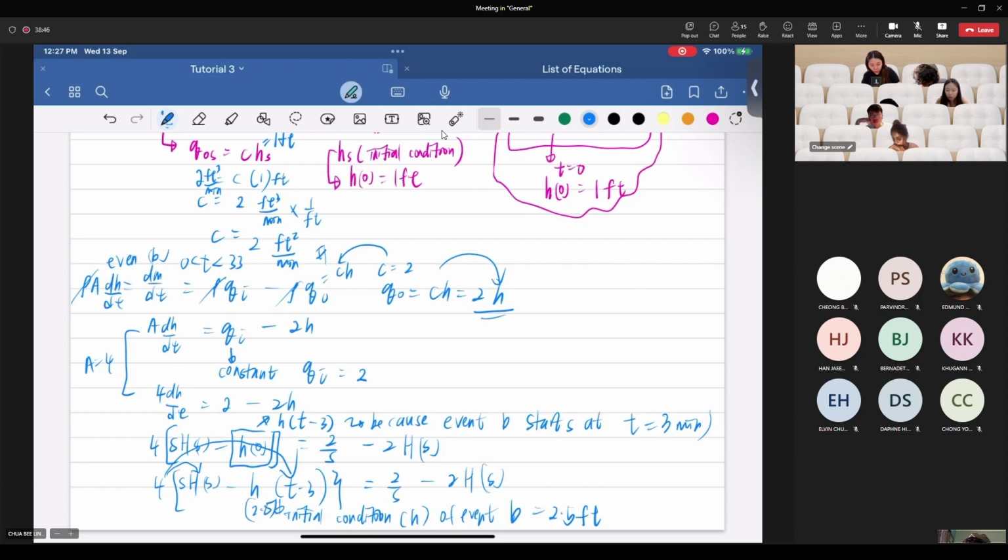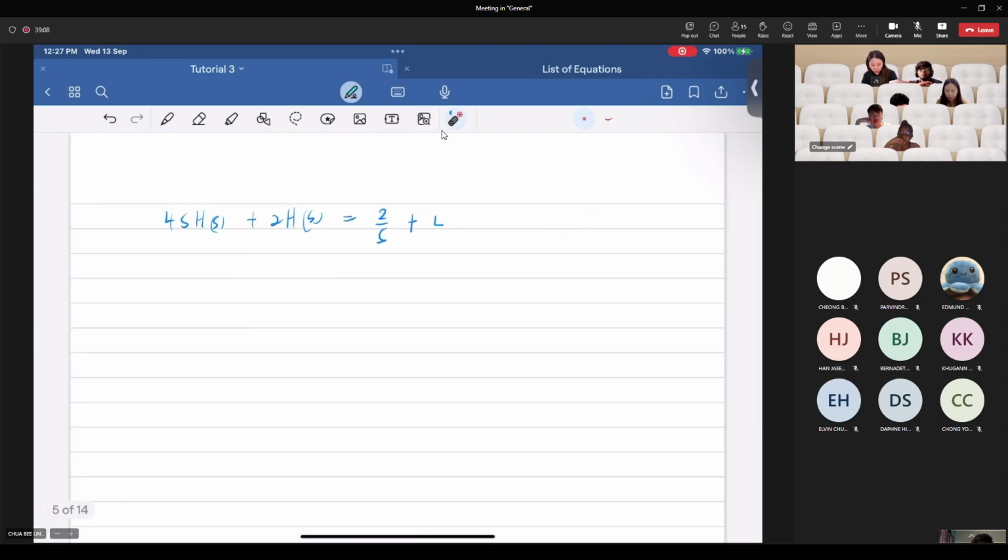So that's why you have 4 multiplied with 2.5. So 4 multiplied with this minus 4 multiplied with 2.5 equals to 2 over s minus 2hs. So here is when you do the expansion already. So you'll be having 2 over s plus 4, then 2.5.